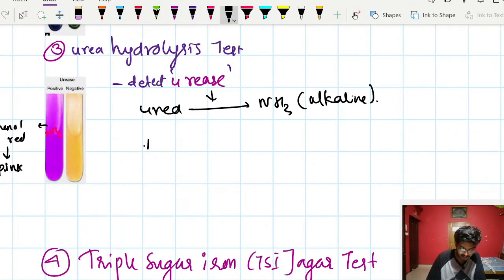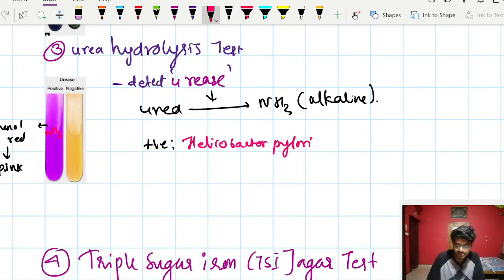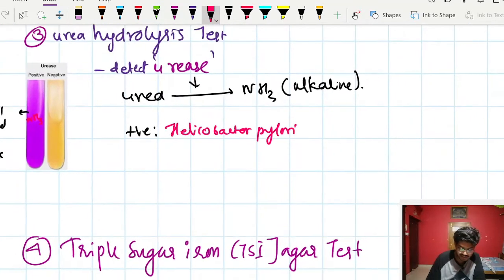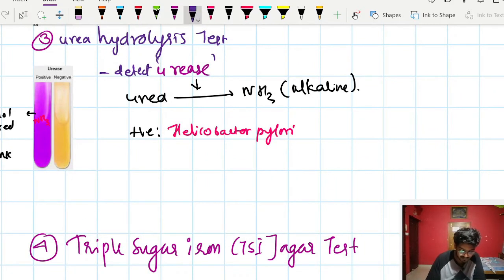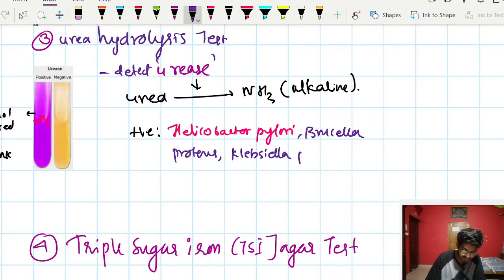What are the urease positive ones? One of the main examples we already know is Helicobacter pylori, because it causes peptic ulcer. It is based on this phenomenon. Then there is Brucella, Proteus, and Klebsiella pneumoniae.